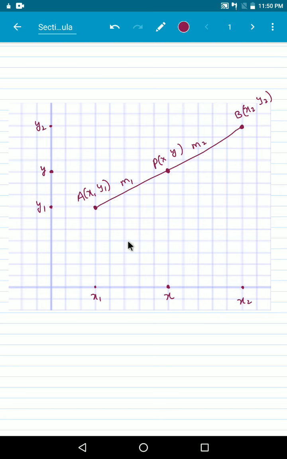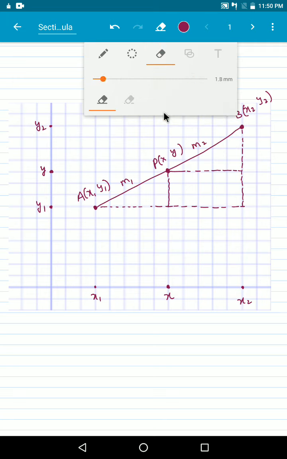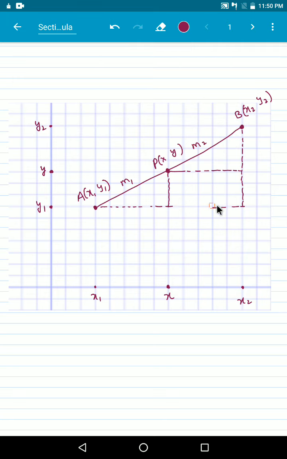Okay, now let us extend this line and form a right angle triangle here. Okay, if we drop a perpendicular and draw a line like this, we will have two triangles. Sorry, we don't need this line and this line.